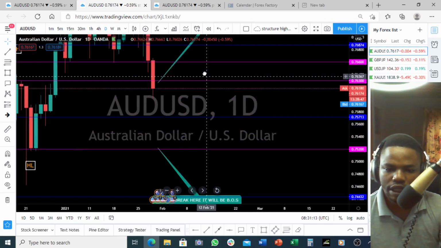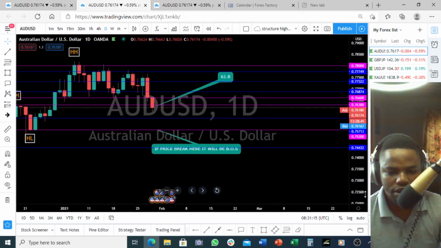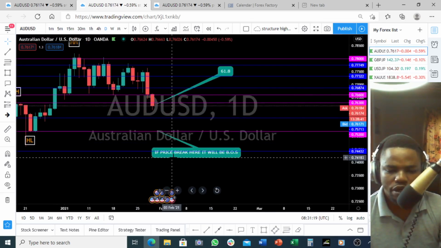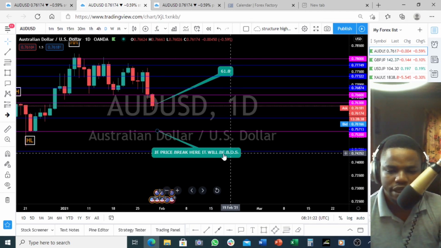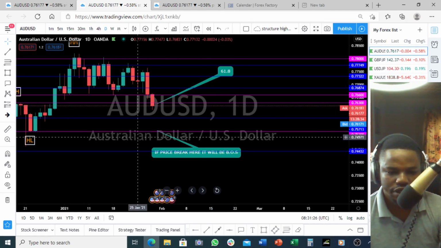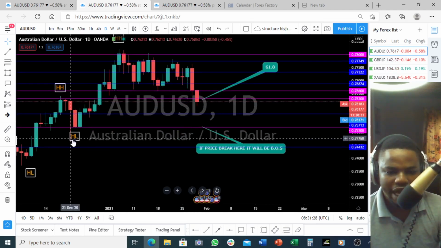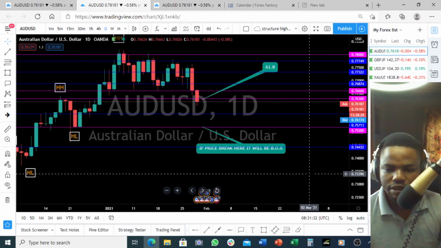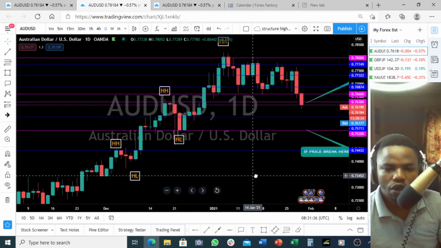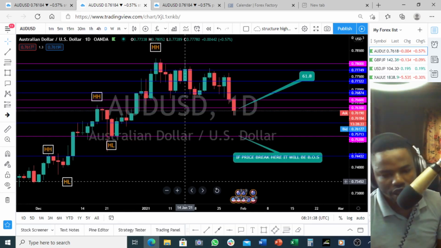Okay, without wasting any time, as marked here, in order for us to see a break of structure, price must break. If price breaks here, it will be a break of structure because this area was the last known higher low point. So from this, guys, from the daily time frame, what do we take to the lower time frame?